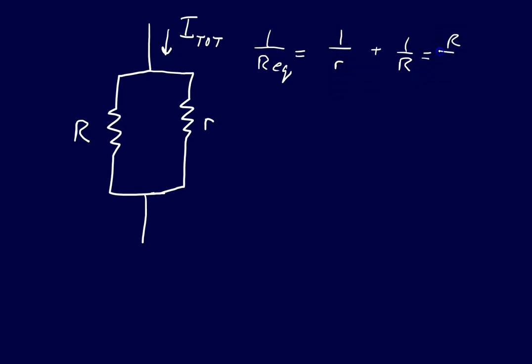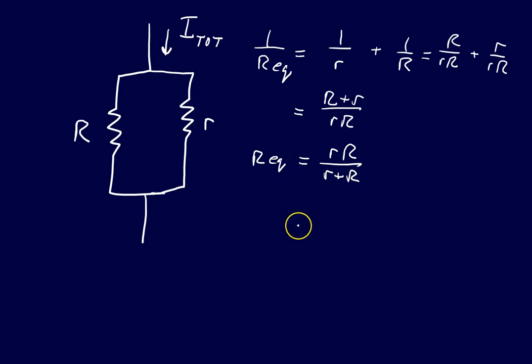So I'll make big R over r big R plus little r over r big R. When I add those together, I'll get R plus r divided by r R. And by flipping that over, R equivalent comes out to be r big R divided by R plus r. So that's the equivalent resistance of both of these together.